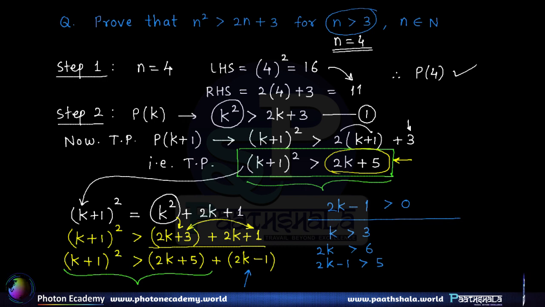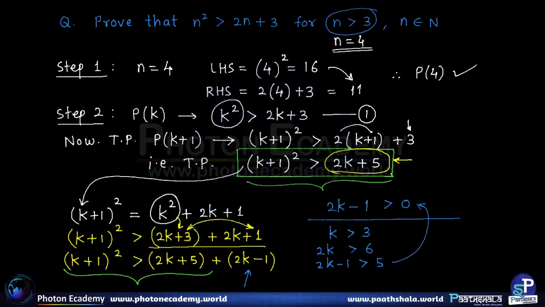And if 2k minus 1 is greater than 5, that automatically means that 2k minus 1 is a positive number. So therefore the second term is a positive number. So therefore we have effectively proven the required inequality, right?